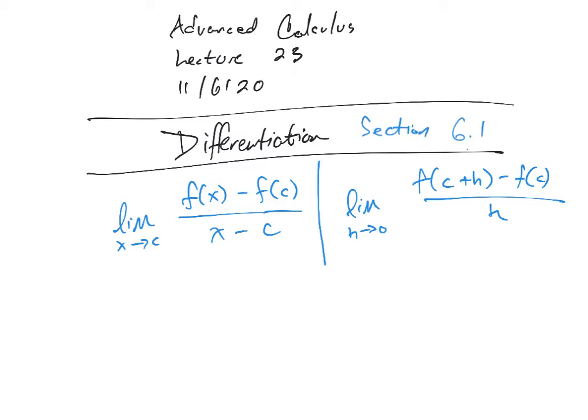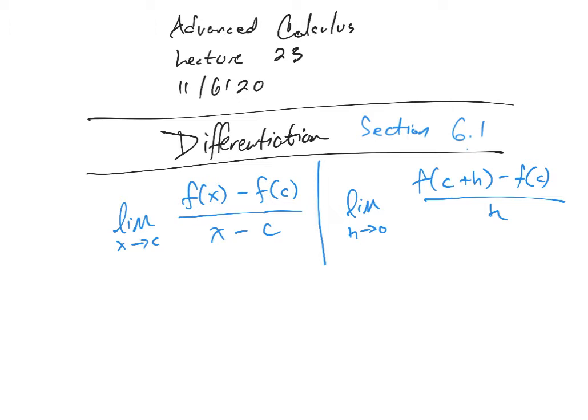In the book, they focus on intervals. So they always assume that the domain of the function is an interval. Now, if your domain is an interval, then every point in that interval is a cluster point. And so you can take a derivative anywhere on that interval.